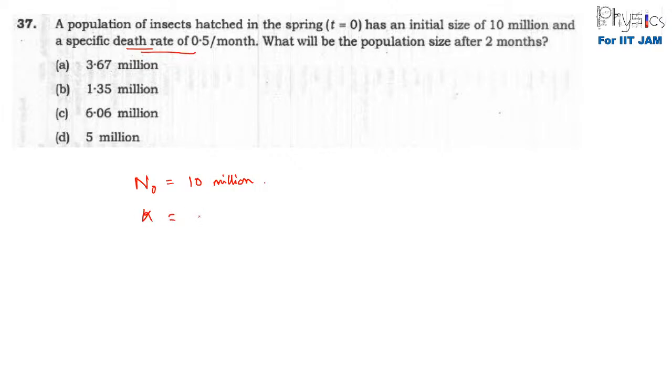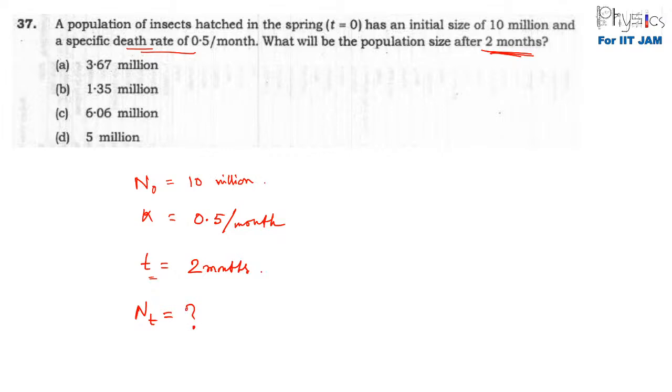The rate is k, 0.5 per month. The total time after which we have to find the total size is 2 months. Now let's say the number after this time t is N_t, and we have to find this N_t.